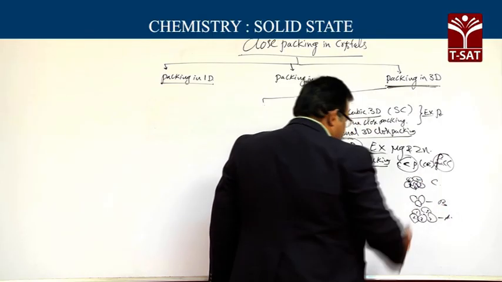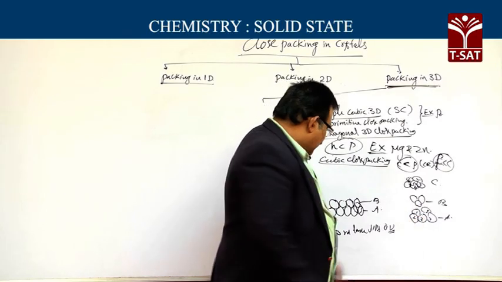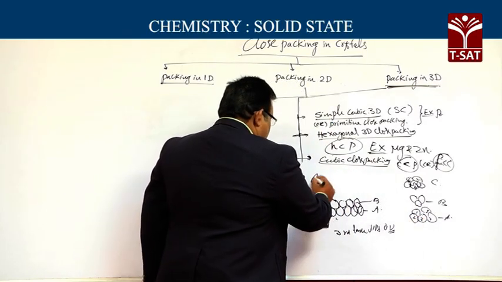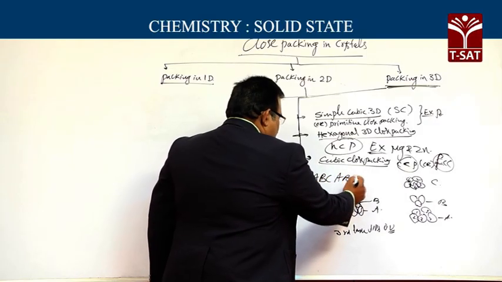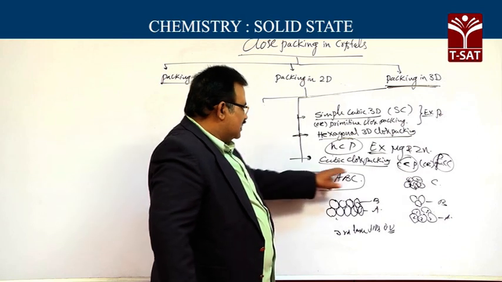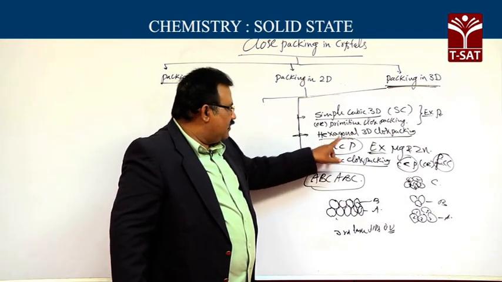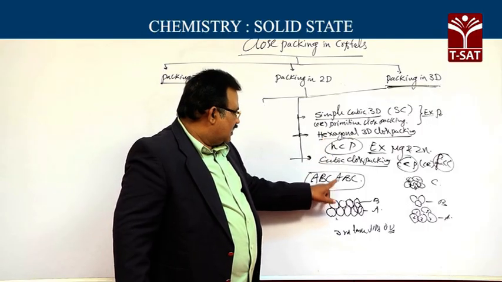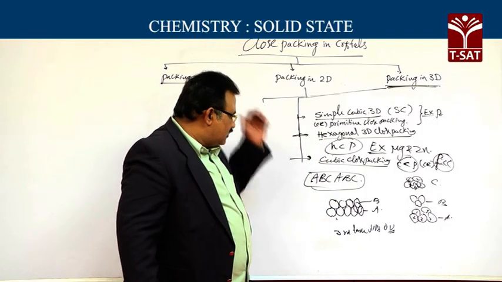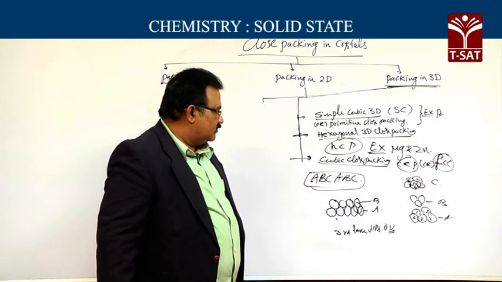This is C layer. So here ABC type of arrangement occurs in CCP. In hexagonal AB type, in cubic close packing ABC type of pattern is available.